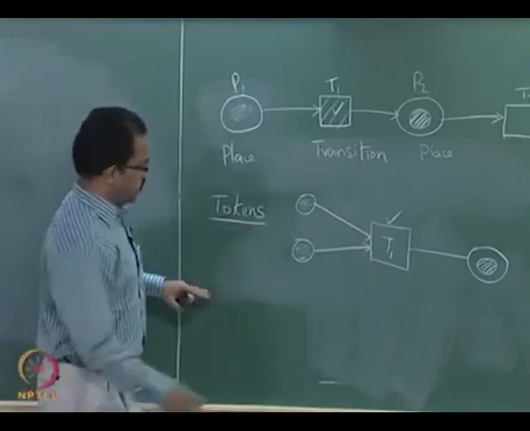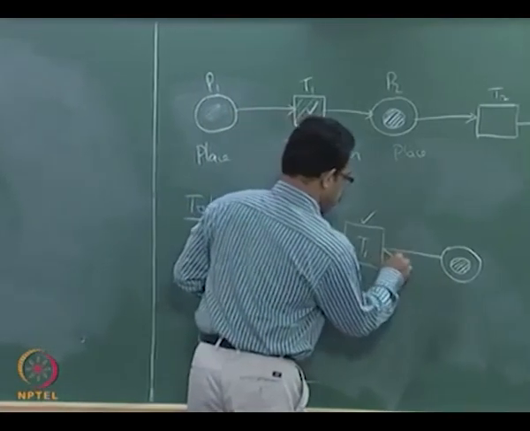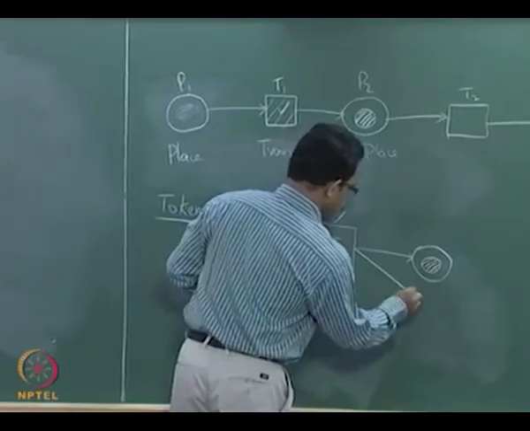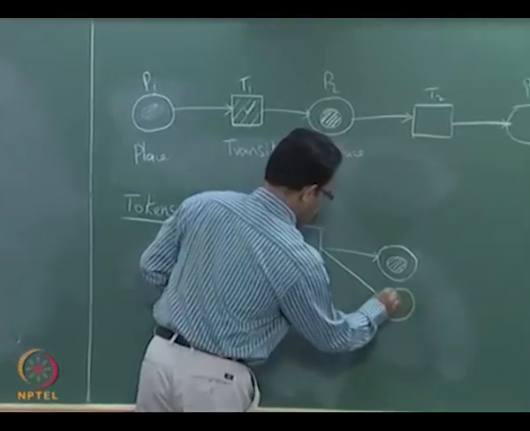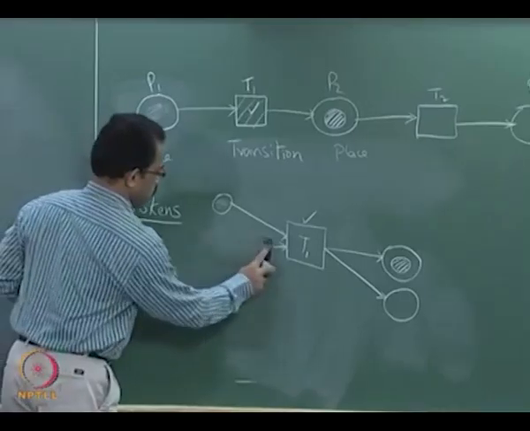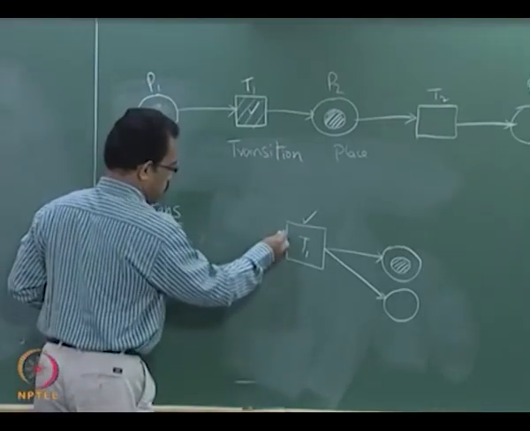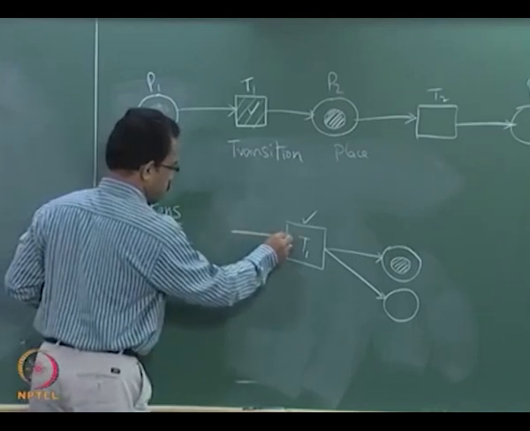This is one situation, and another one is if you have this kind of situation, with only one token here. These are simple Petri nets, so we do not have any place values as such at present.